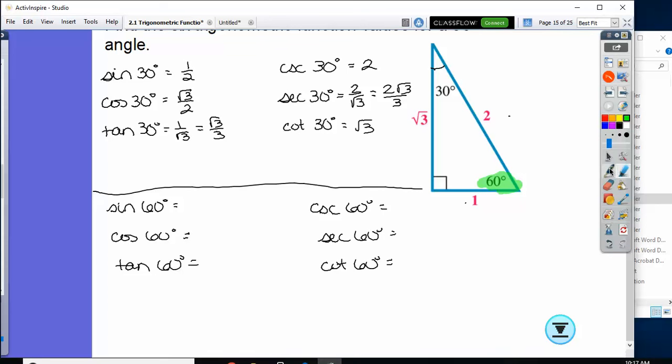Now I'm looking from down here. So the sine of 60. Sine is opposite over hypotenuse. So that would be radical 3 over 2. So cosecant would be the reciprocal. You get the radical 3 off. You get 2 radical 3 over 3.